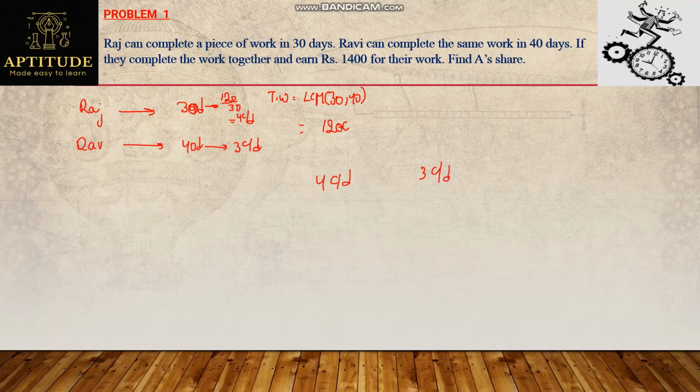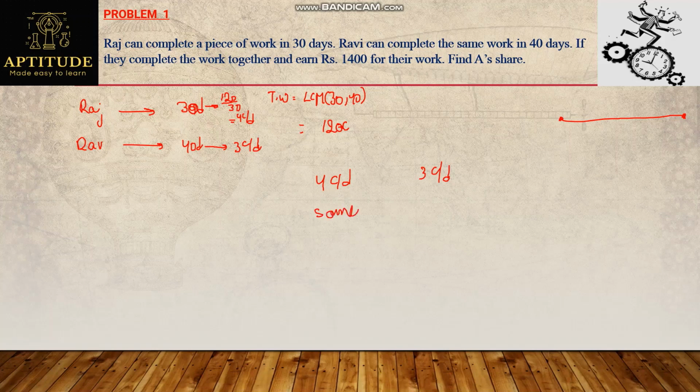And what they said here, they work together and complete a piece of work, which means how many days it may take. For example, it may take 10 days or else it may take 15 days. Whatever it may be, it is not important for us. Just if we get a logic here, working together and finishing the work, they started work together and they finished work together also. In between, no one left and no one added, which means they worked for the same number of days.